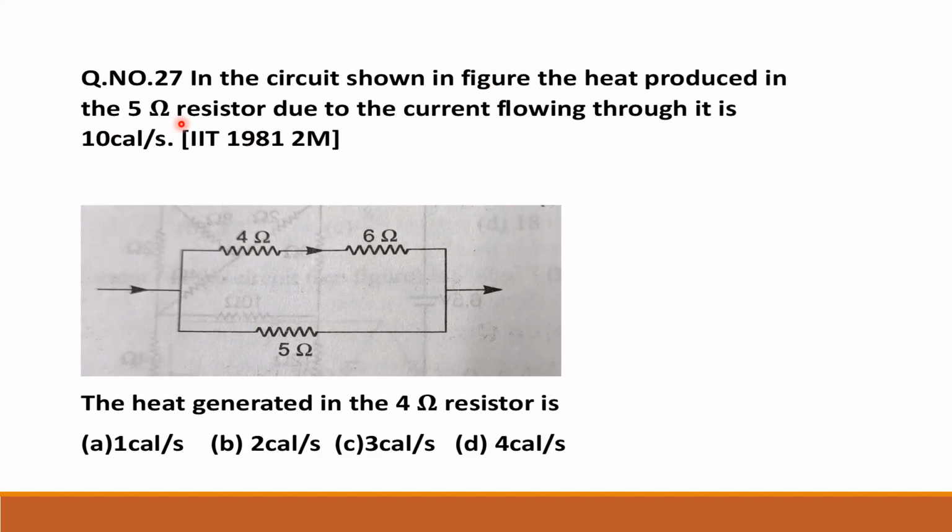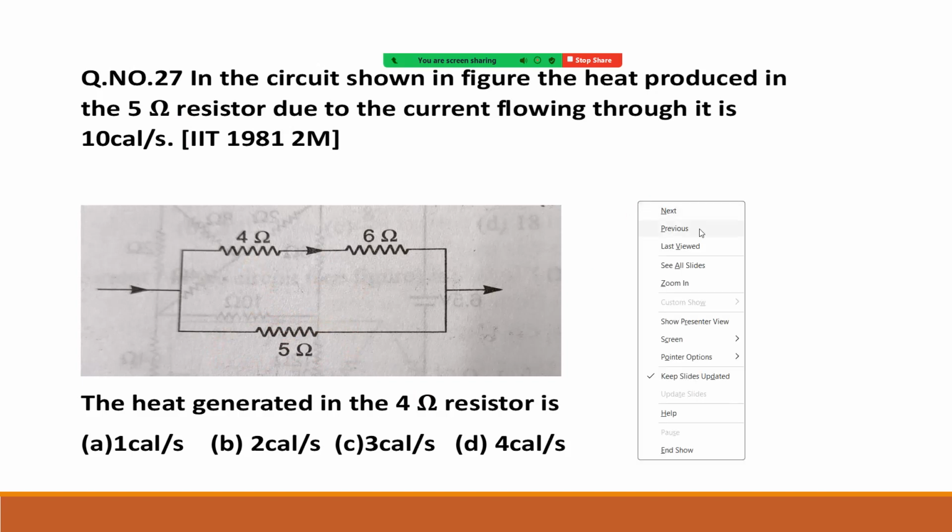The heat generated in the 4 ohm resistor. Let us see how to start it. We are having 4 and 6. This is a 5. Okay. In 5 ohm given 10 calorie per second. We have to calculate now in 4 ohm how much.